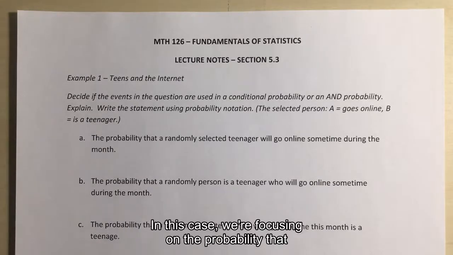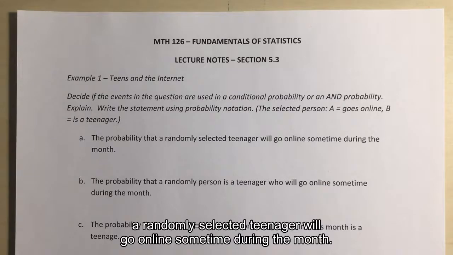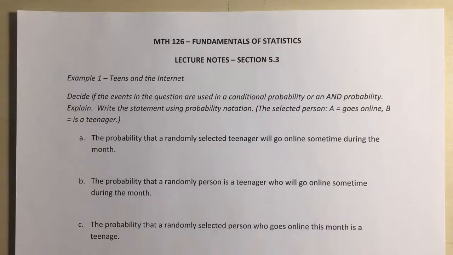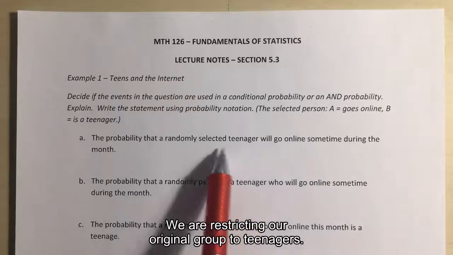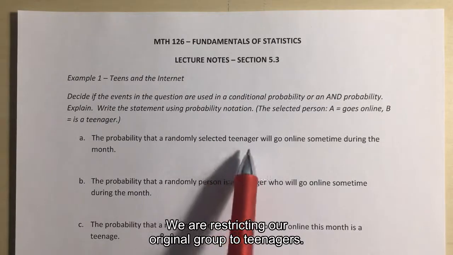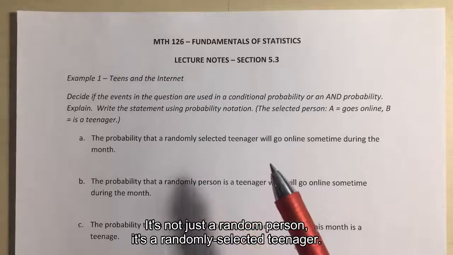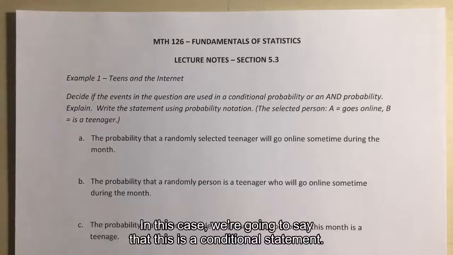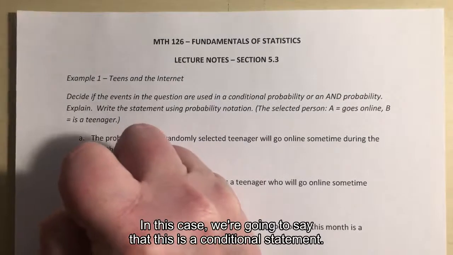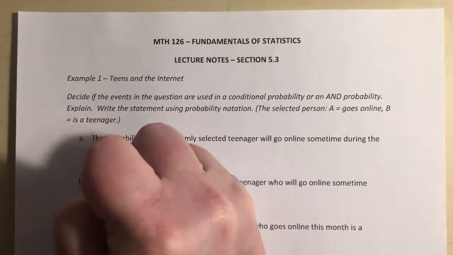In this case, we're focusing on the probability that a randomly selected teenager will go online sometime during the month. So we are restricting our original group to teenagers. It's not just a random person, it's a randomly selected teenager. So in this case, we're going to say that this is a conditional statement.